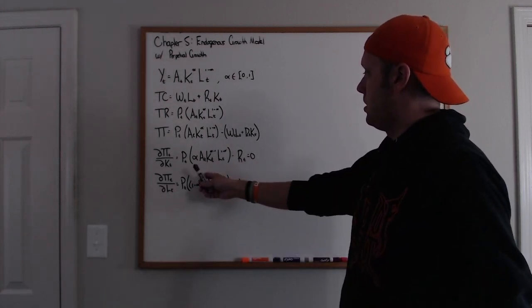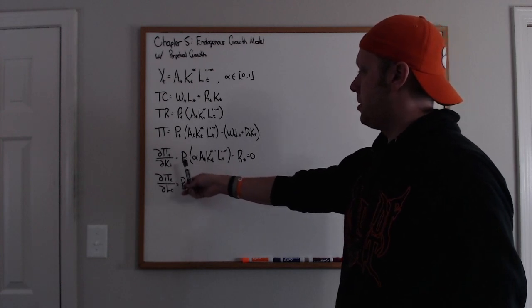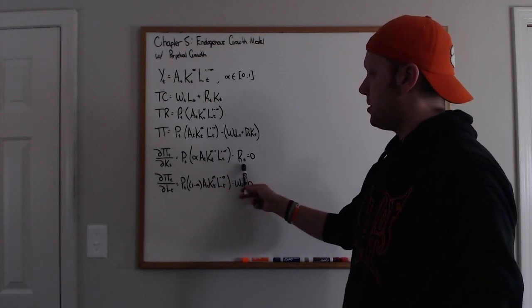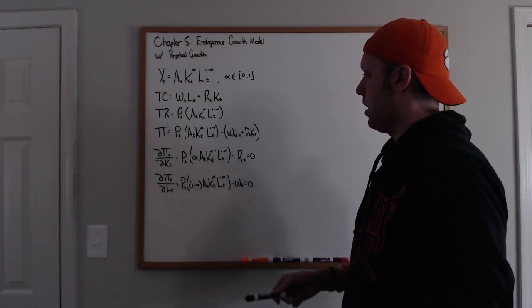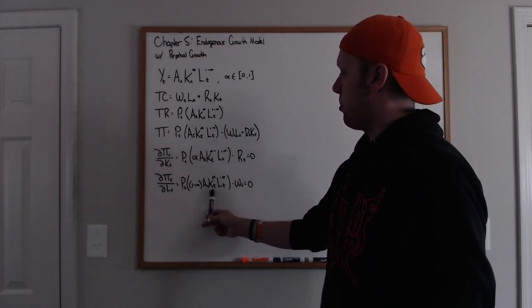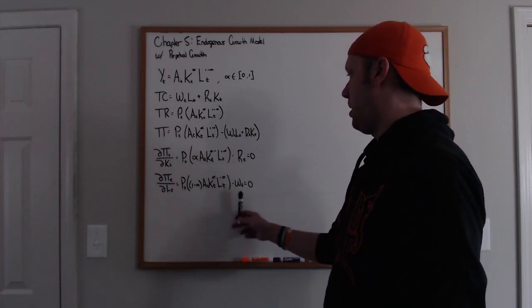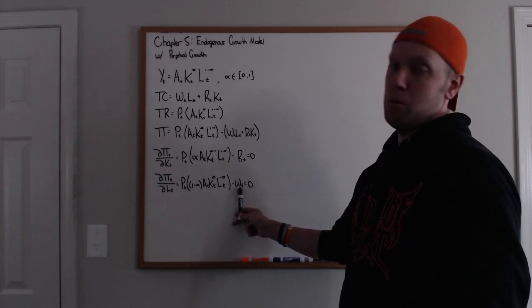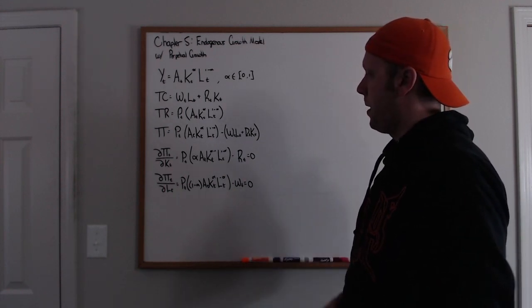So, marginal product of capital times the price minus the rental rate on capital equals 0. Marginal product of labor times price minus the nominal wage rate equals 0. Right?